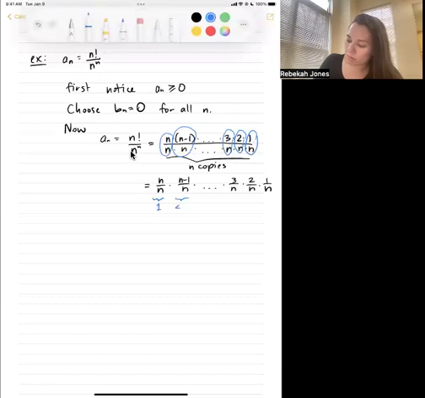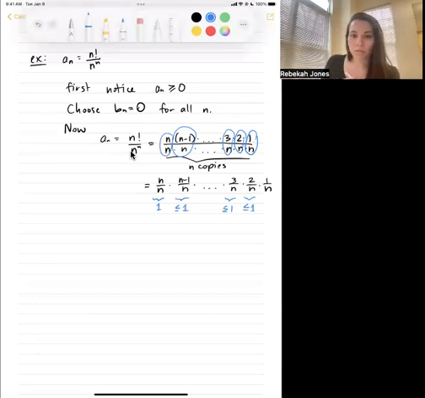So this is some number that's strictly less than 1. And for each of the others, 3 over n is less than or equal to 1, 2 over n is less than or equal to 1, and this 1 over n, we're going to leave alone.